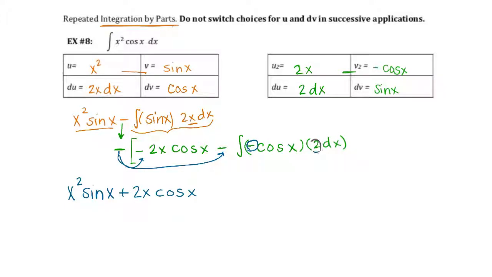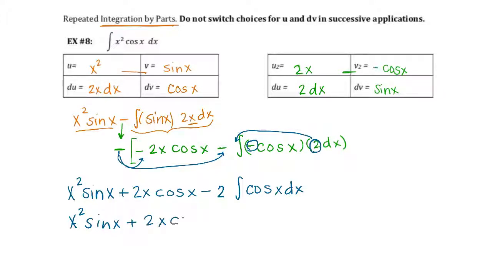However, we have a negative 2 right here that we can pull back out, so that makes a negative 2 times the integral of cosine x dx. So we have x squared sine x plus 2x cosine x minus 2 times, and if we integrate cosine x, we get sine x, and then of course plus c.